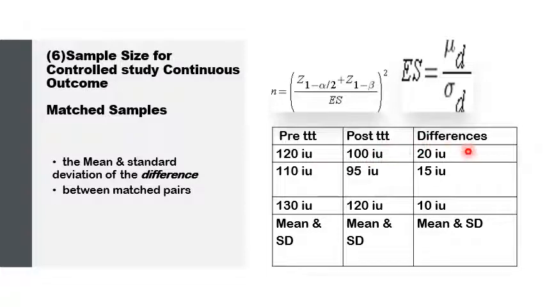The same applies to the standard deviation. It will be the standard deviation of the differences rather than the difference between the standard deviations. And then we'll estimate the effect size, and that will be plugged into the equation as usual.